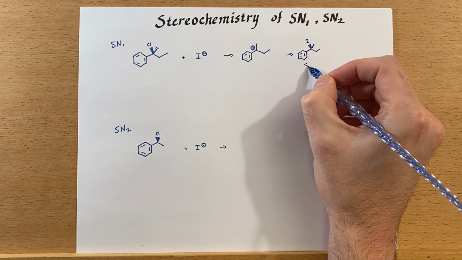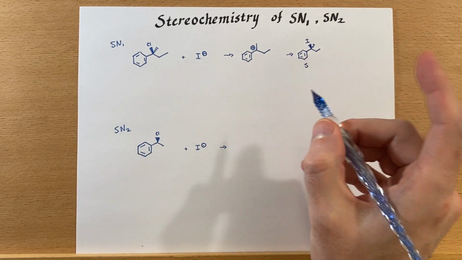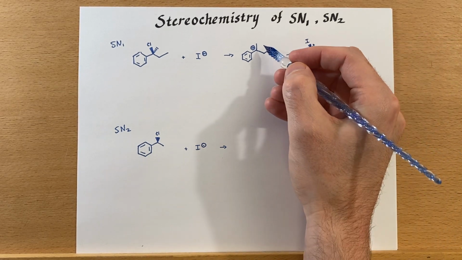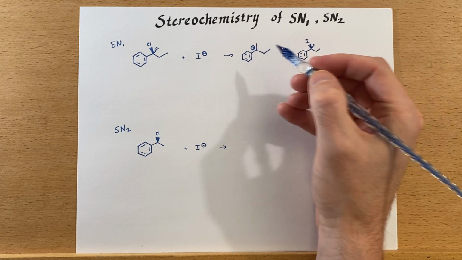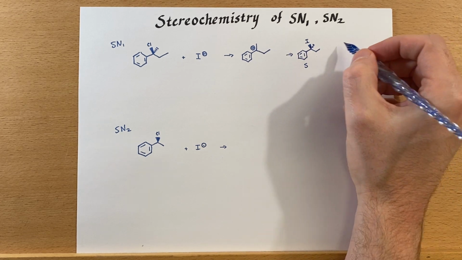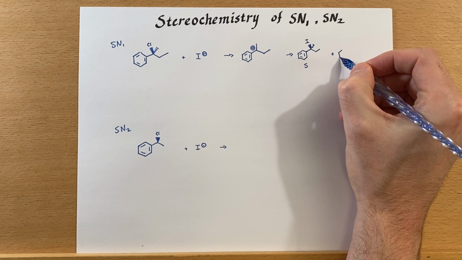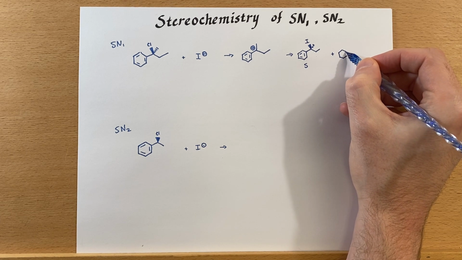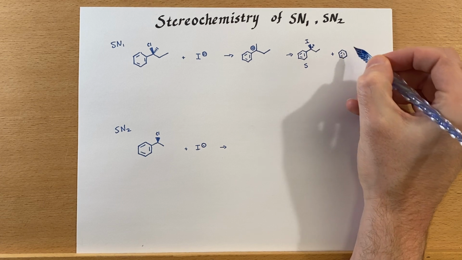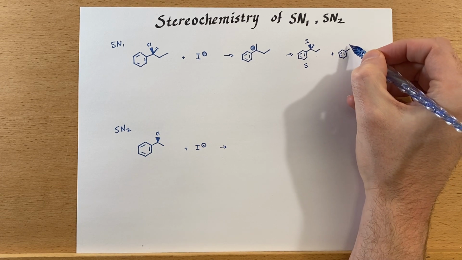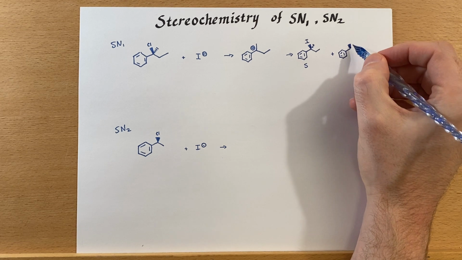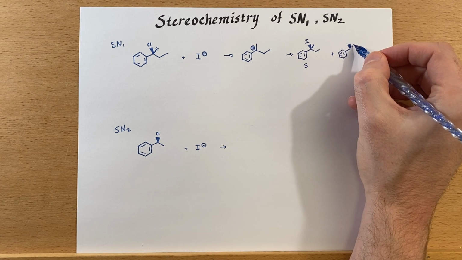So, this is the S enantiomer. And then if the iodine were to come from the back of the page and attack the carbocation, then we would form the R enantiomer. So now the methyl group is up at the top.